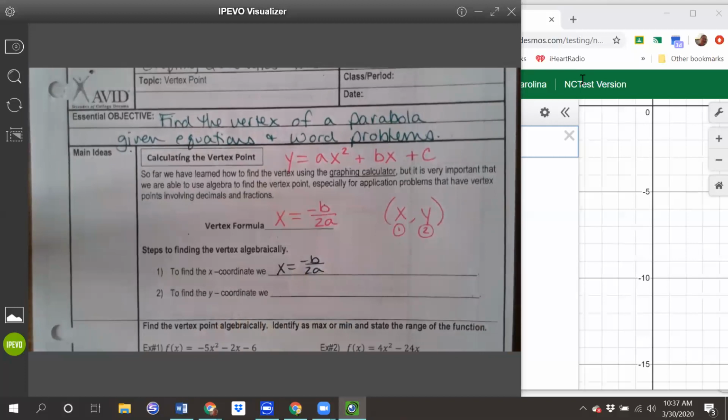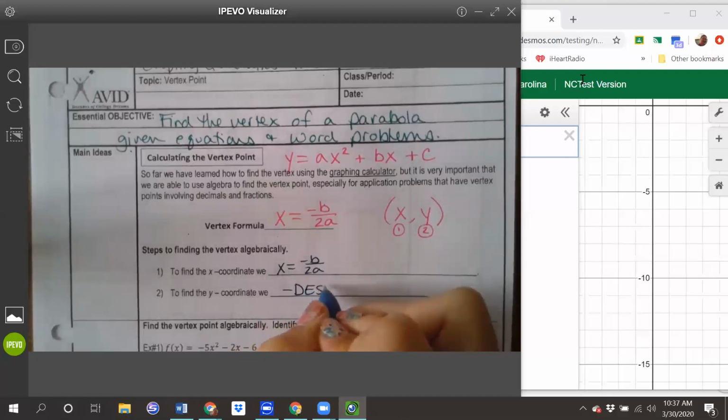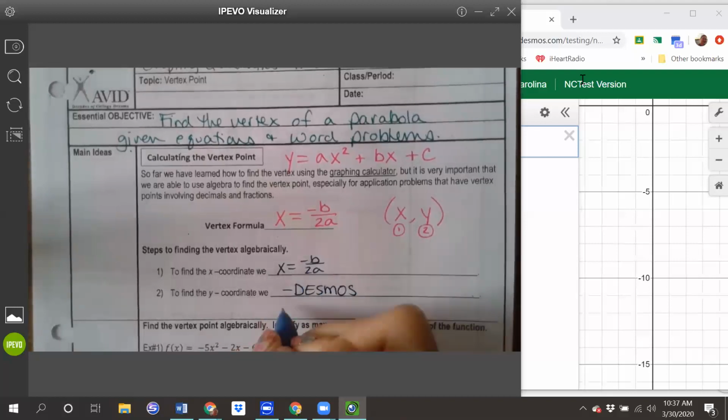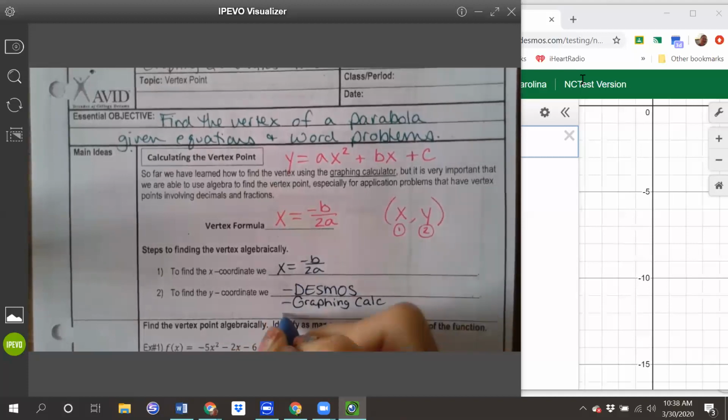One tool is Desmos. Another tool is your graphing calculator. And another tool, trusty dusty, algebra.